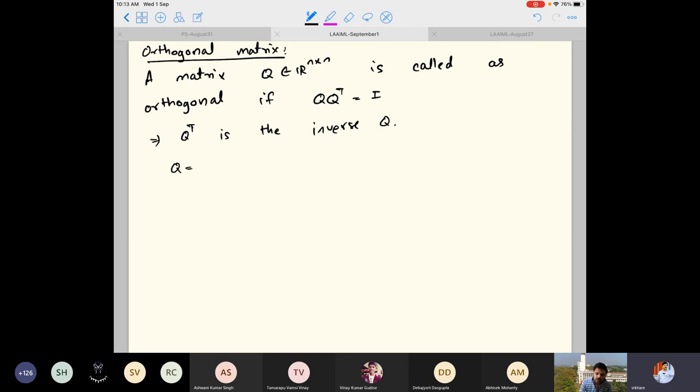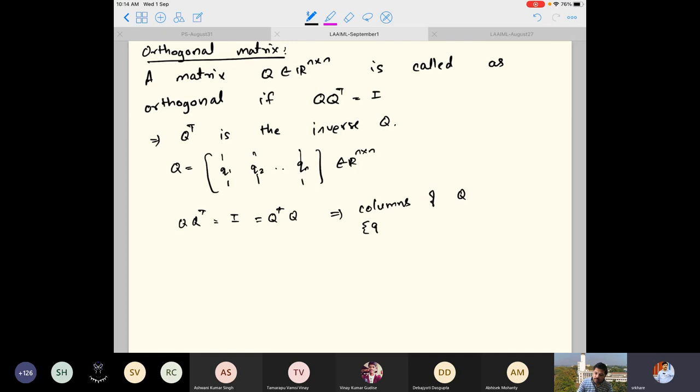Okay, so suppose this matrix Q is such that the columns are Q1, Q2 up to Qn, in R n by n. Then Q transpose Q is equal to identity, which implies that the columns of Q, which are nothing but Q1 up to Qn, form an orthonormal set, correct?